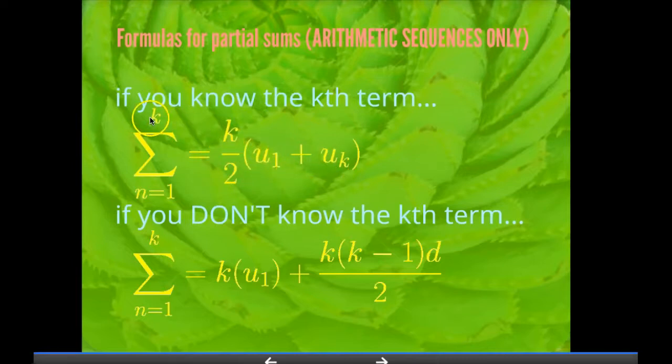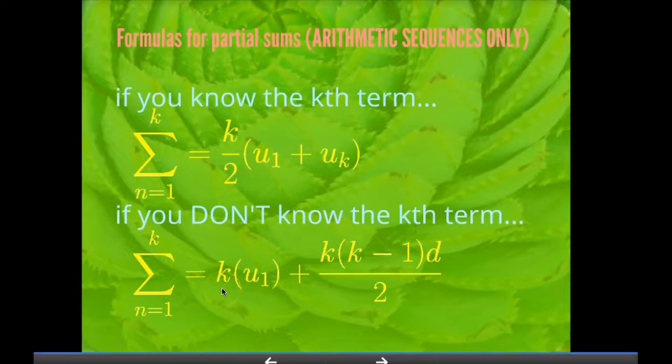If you know the kth term, you're going to plug your values into this formula: k, and this will be a number, not a variable, divided by 2, times your first term plus your last term. If you don't know the kth term, and that's okay, sometimes you won't, you're always going to know what k is, and you should be able to figure out what u sub 1 is.